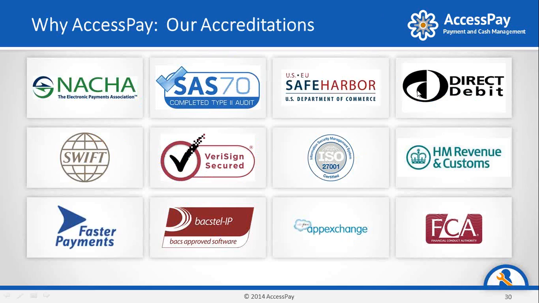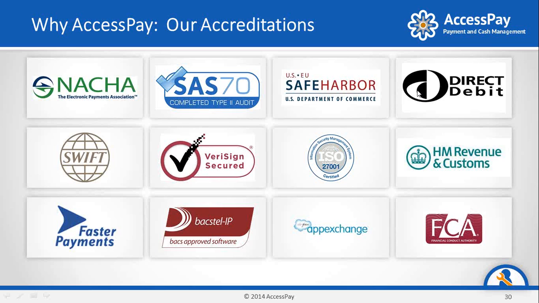Now moving to our accreditations, we have just recently been awarded Oracle Gold Partner. We call our solution a bank grade secure solution, and the reason why we say that is because we are an FCA regulated payment institution.